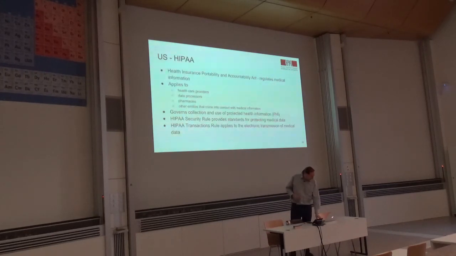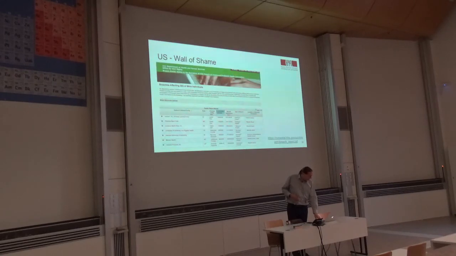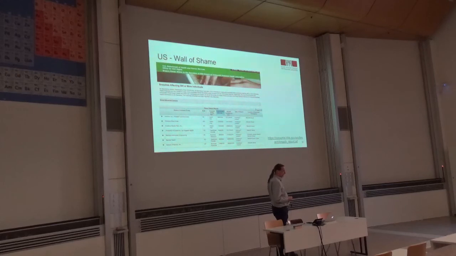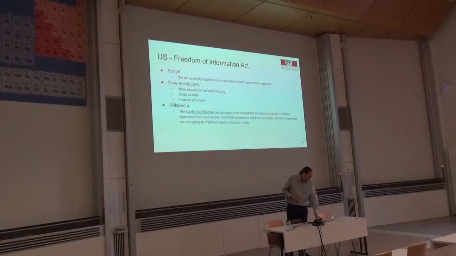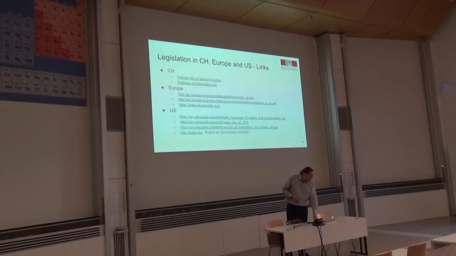So in the U.S. you have to know what type of data you're dealing with to know what laws apply. In the health situation, the laws are much stronger, and they have reporting requirements and processes. In other sectors in the U.S., you don't have that. You have much weaker laws. And of course, you have freedom of information acts there too.